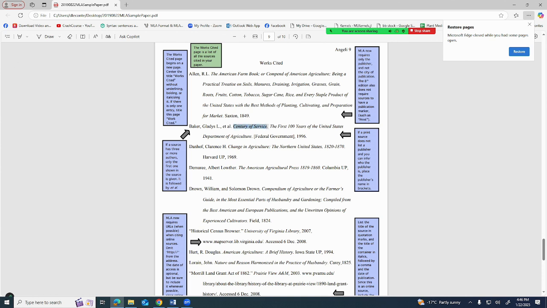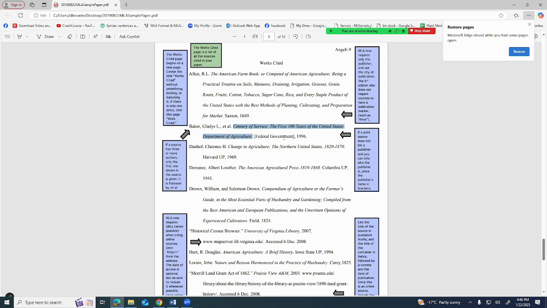There's the title of the book right there, Century of Service, colon, the rest of the title is the First 100 Years of the United States Department of Agriculture.